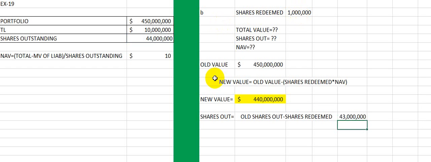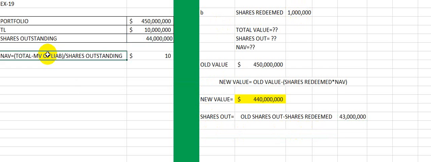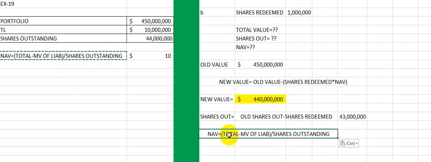And finally, using the same equation, what will be the net asset value? Okay, so the net asset value will be, again, the total value of the portfolio minus the market value of liability over shares outstanding.